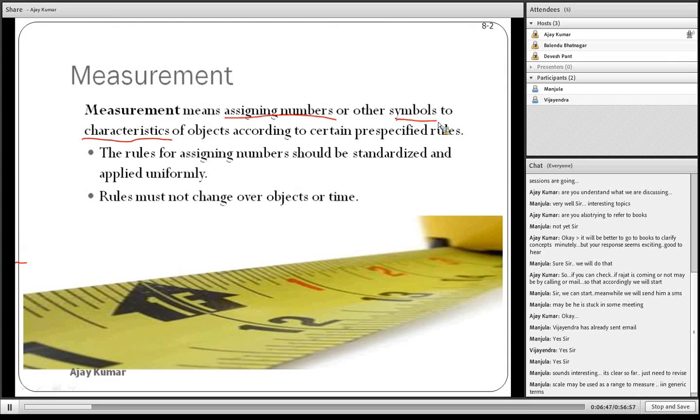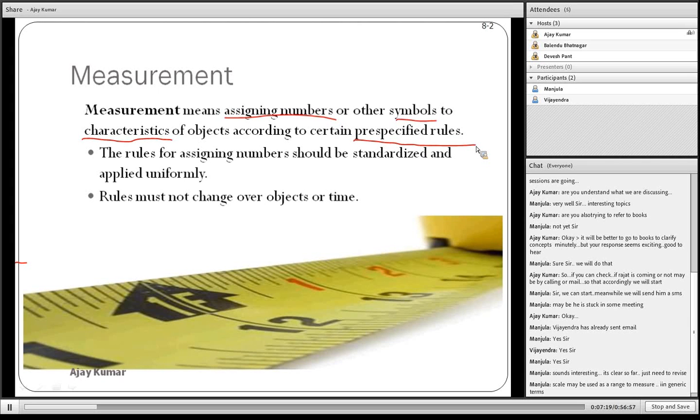Whenever I am assigning a number to any individual's characteristic or to any object, maybe a car whose speed you are trying to measure, when you say that a car is moving at a speed of 60 kilometers per hour, 60 is something that you have assigned to this much speed. These things are done on the basis of some pre-specified rules, and these are important to understand.